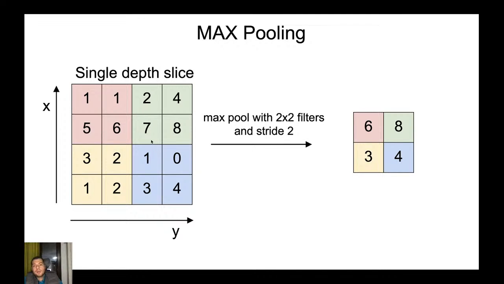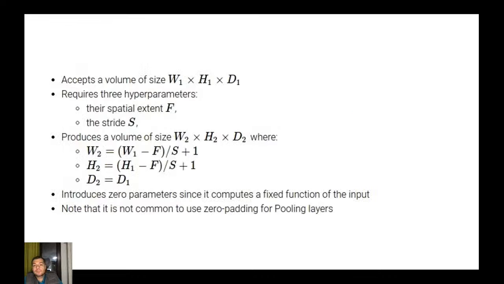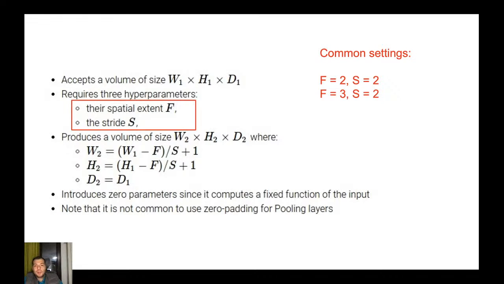We can decrease it, I don't know, 3 times on each axis by using filters of 3x3 and a stride of 3, and so on. Typically we use pooling with 2x2 or 3x3 filters and a stride of 2 or 3. And these are the only parameters that need to be adjusted for the pooling layer.